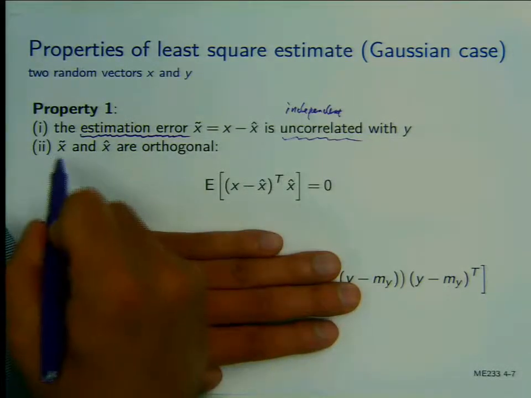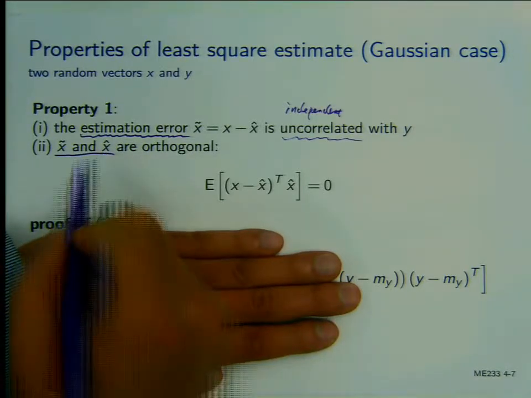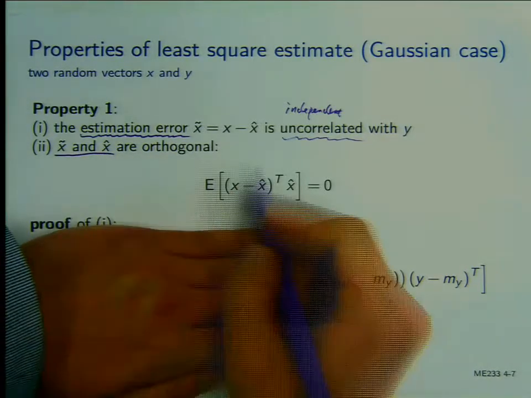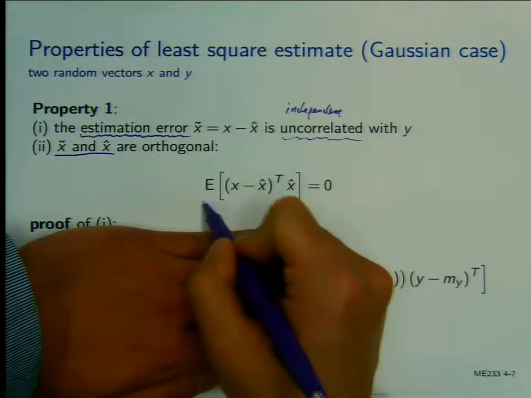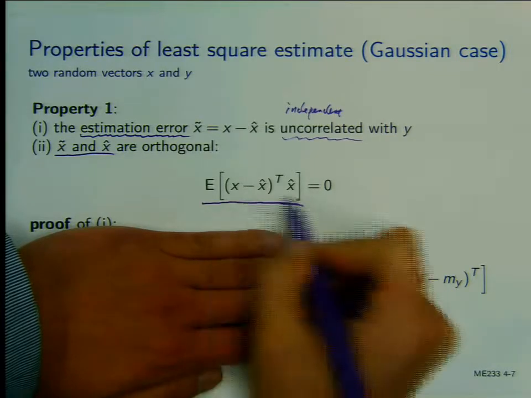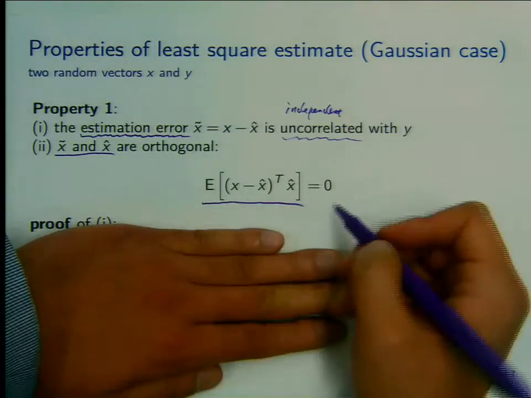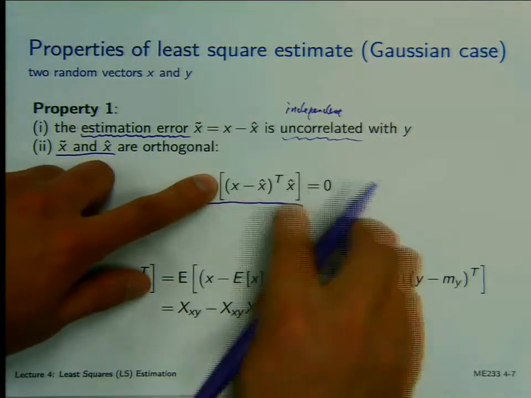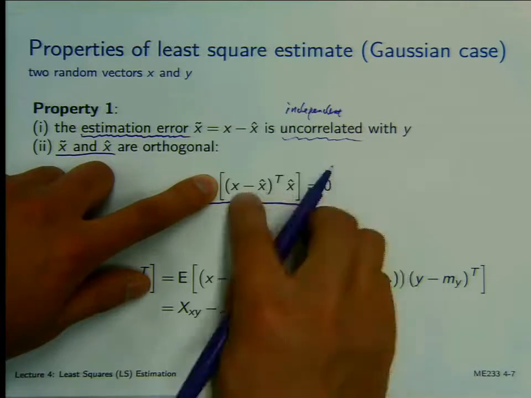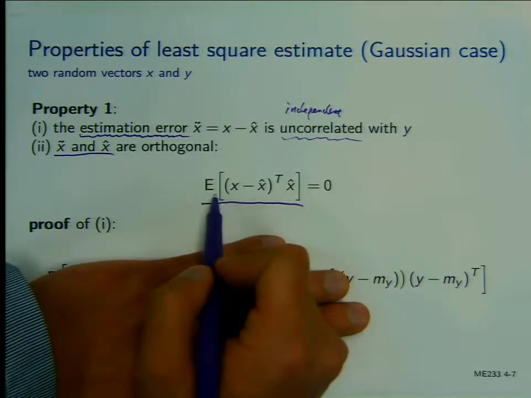And second, the estimation error and the estimate itself are orthogonal. Orthogonal in this case means the expectation of the inner product of the two vectors is 0. If the vectors are deterministic, that's orthogonality in the deterministic case. In the stochastic case, we just have the expectation sign here.